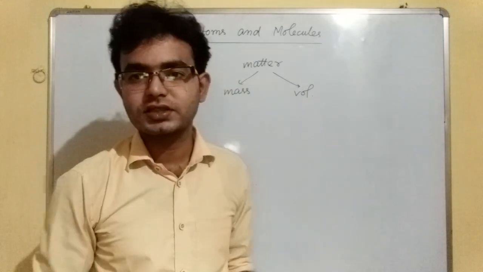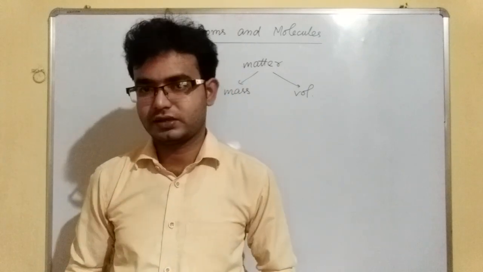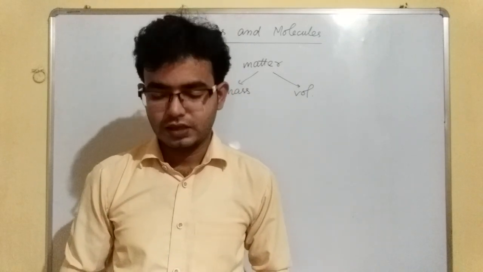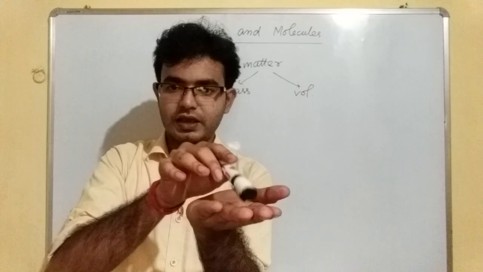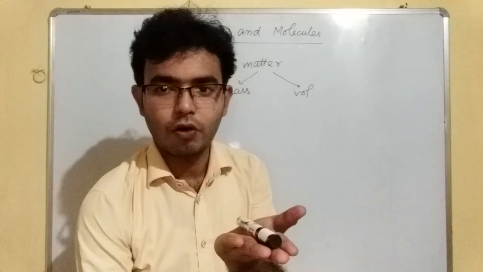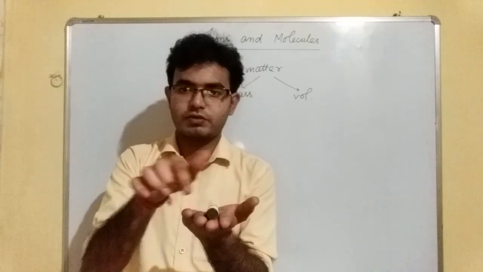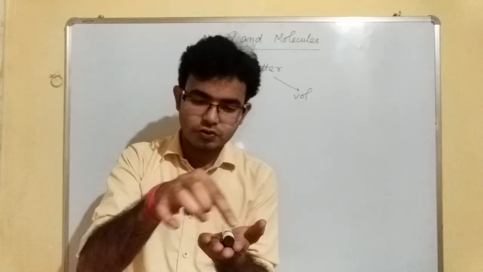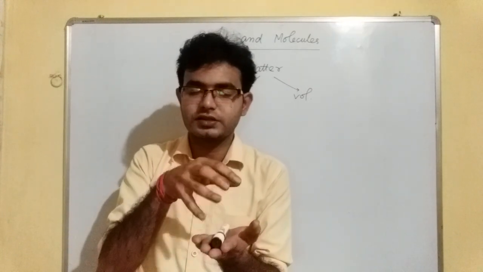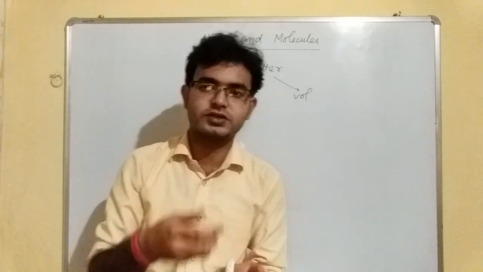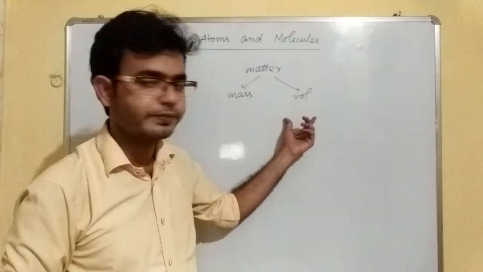And the space occupied by any matter is called volume. If I keep this pen on my hand, then it will occupy some space on my hand. The space occupied by this substance, or this matter, is called the volume of this matter, right?